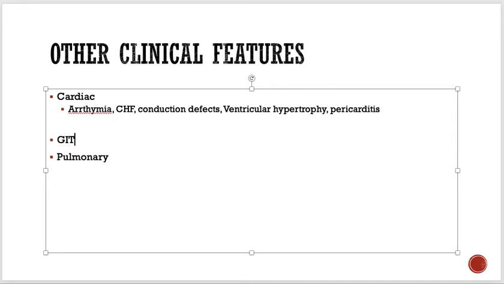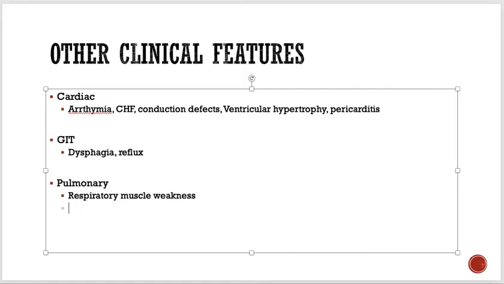GI involvement signs and symptoms could be dysphagia as well as reflux. And one of the pulmonary manifestations comes due to respiratory muscle weakness, as well as interstitial lung disease and aspiration pneumonia. So these are the features of this condition.